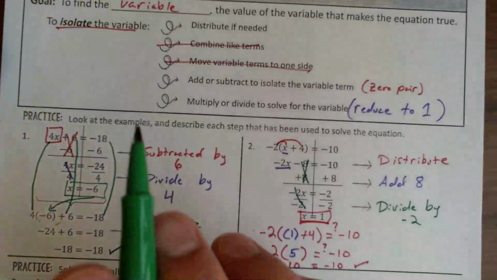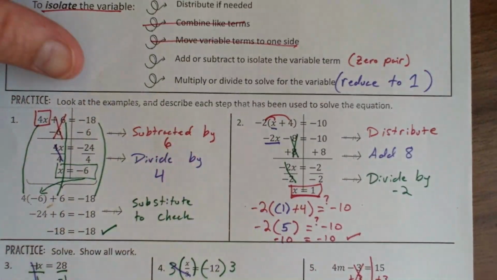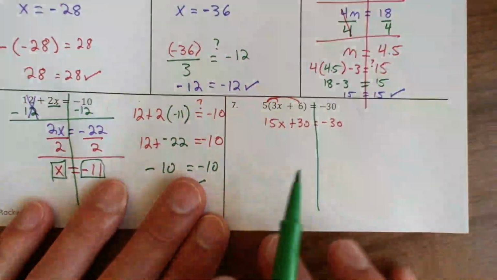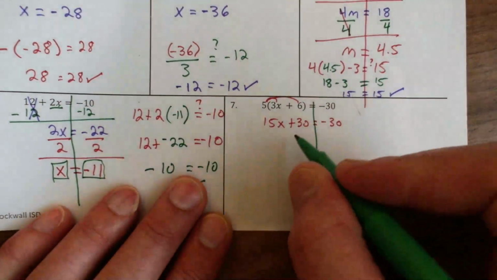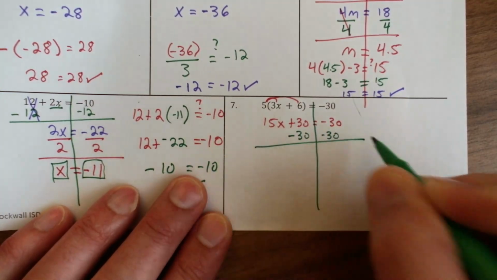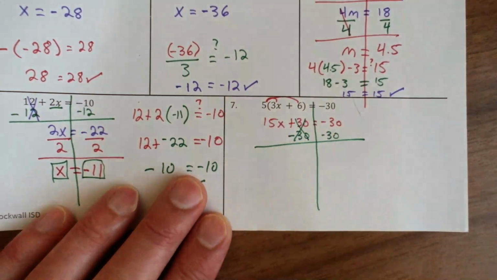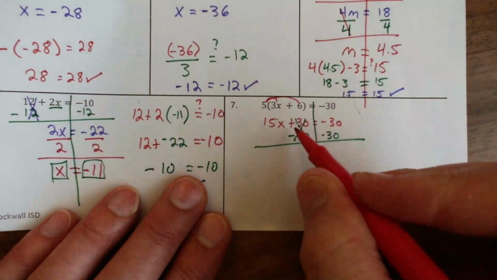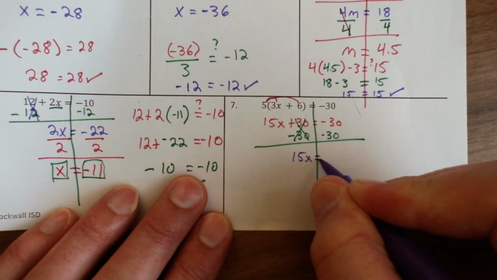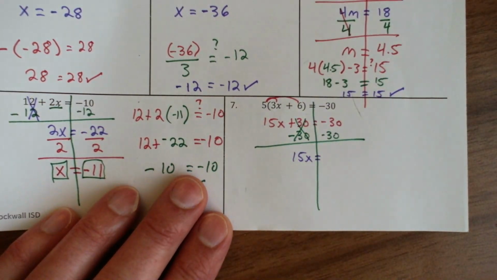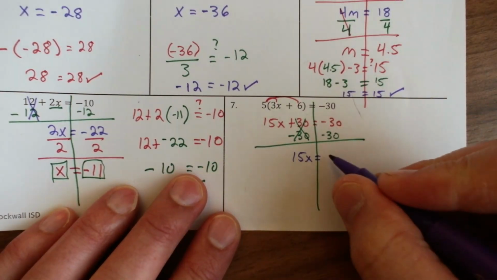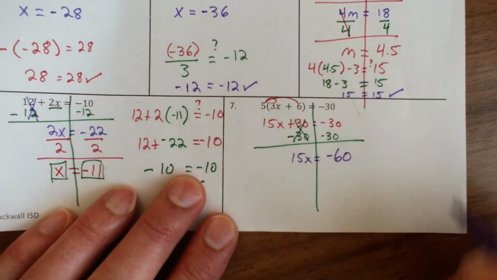Now that distributing's done, my next step is to add or subtract to isolate the variable and make a zero pair. I have a plus 30, so I'm going to subtract 30. This zeroes this out. Positive 30 minus 30 is 0. I'm left with 15x equals negative 30 minus another 30 gives me negative 60.